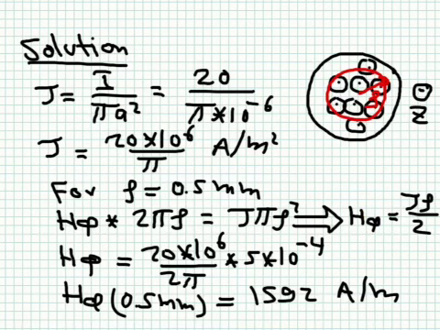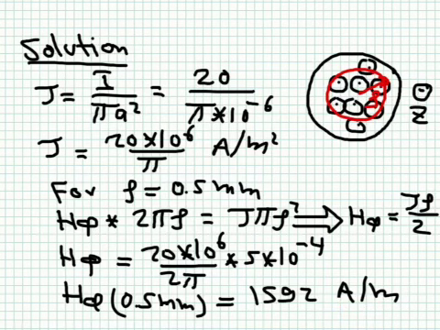We already know J, it is 20 times 10 to the power 6 over pi. We know rho. For the first case it's half millimeter, so it is 5 times 10 to the minus 4. If you simplify all this, you'll see that H phi, the magnetic field at half millimeter, is 1592 ampere per meter.